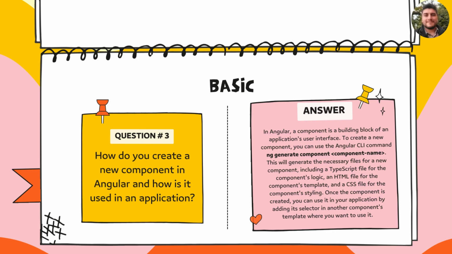The possible answer to this question is, in Angular, a component is a building block of an application's user interface. To generate the component, it is necessary to use the tool Angular command line interface. Type this command: ng generate component and the component name.